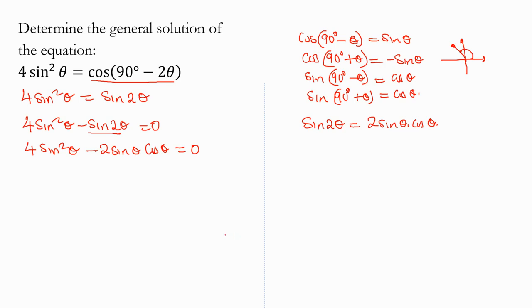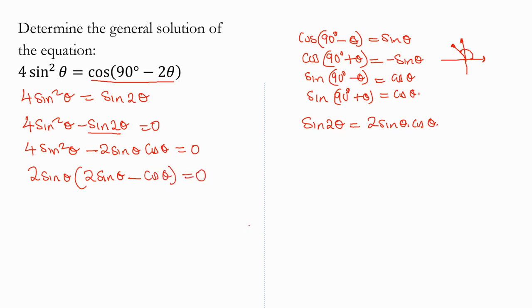Can we factorize here? Do we have anything common? The highest common factor between 4 sine squared theta and 2 sine theta cos theta? Yes, we can factor out 2 sine theta here. And then we get 2 sine theta times (2 sine theta minus cos theta) is equal to 0.